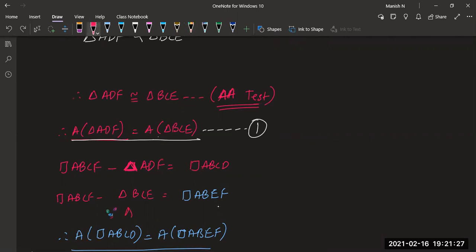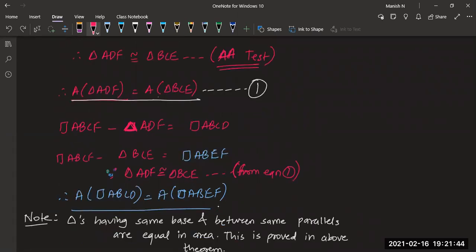Now we can clearly say that since triangle ADF is congruent to triangle BCE, from equation 1, this gets cancelled out.